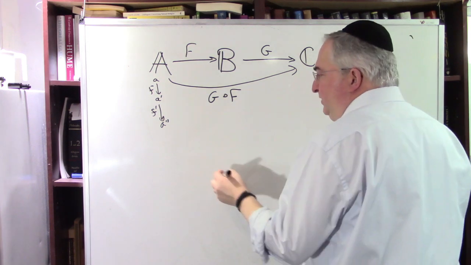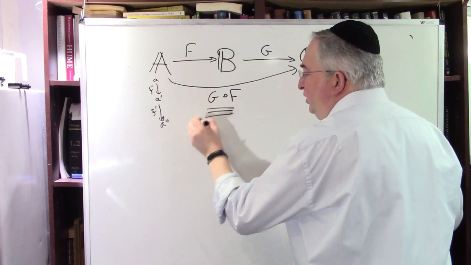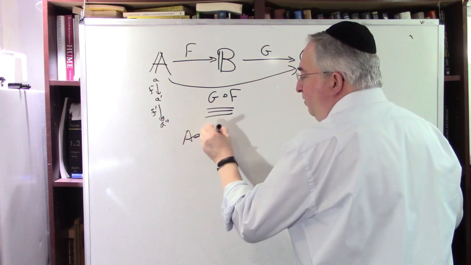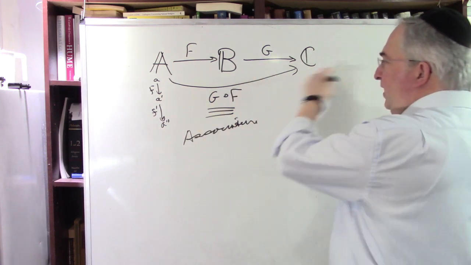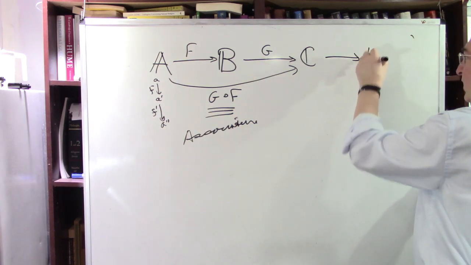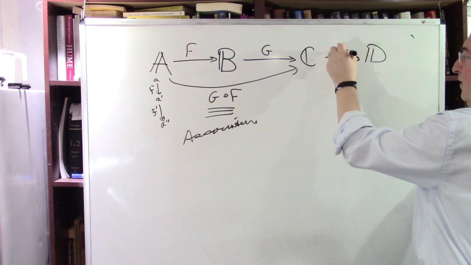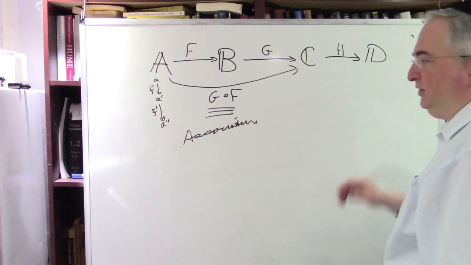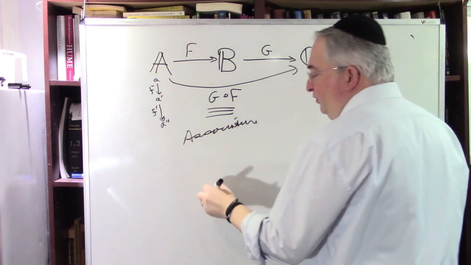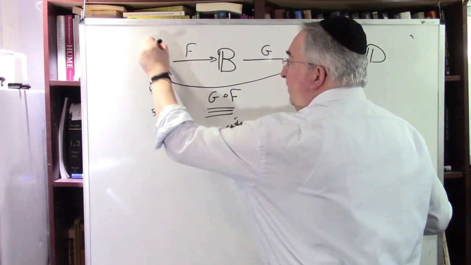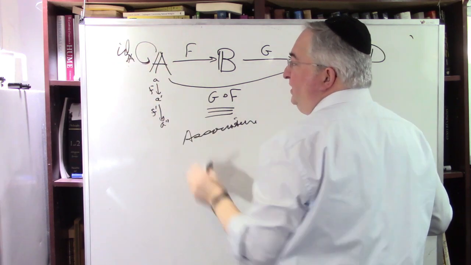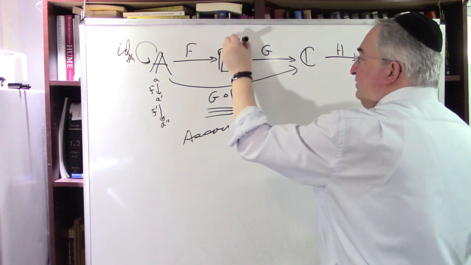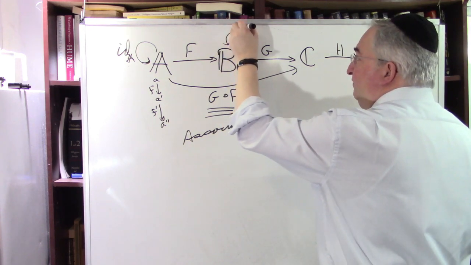Next, this composition is associative. And we can go on and talk about that. What does it mean? There are three different functors and it's associative. Furthermore, every category has an identity functor, and this category has an identity functor.